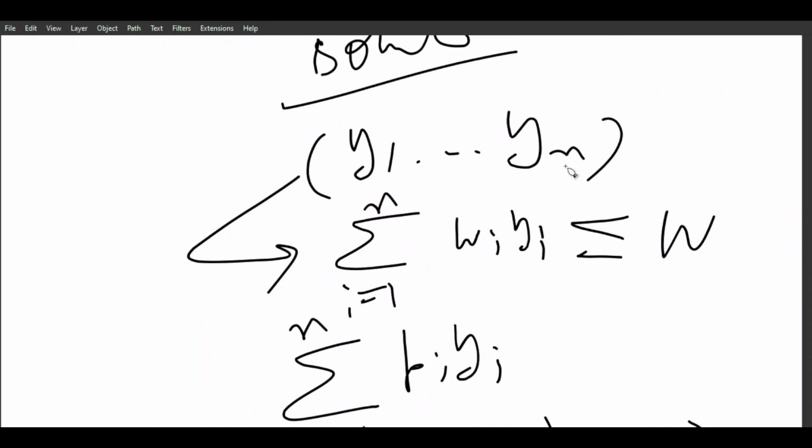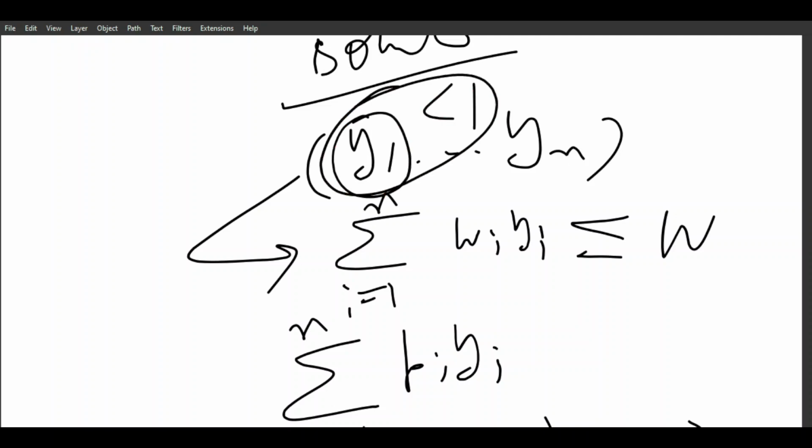If y1 is 1, then nothing to prove. It matches with our solution. Just combine with the solution of the smaller subproblem, and we get our solution. The only thing we have to consider is the case when y1 is less than 1. Such a solution does not match ours, and we have to show that we can get better profit by making this 1.